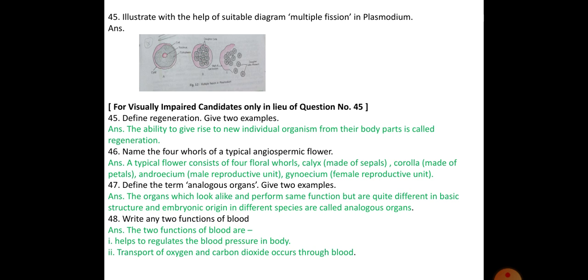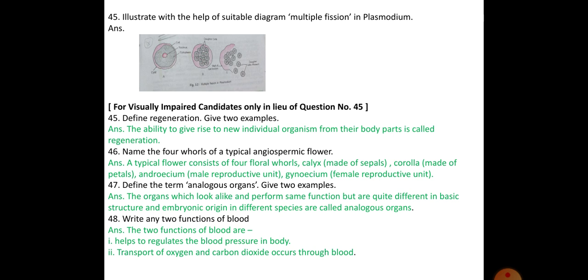Name the four whorls of a typical angiospermic flower. The typical flower consists of four floral whorls, that is calyx, made of sepals, corolla, made of petals, androecium, male reproductive units, and gynoecium, that is female reproductive units.